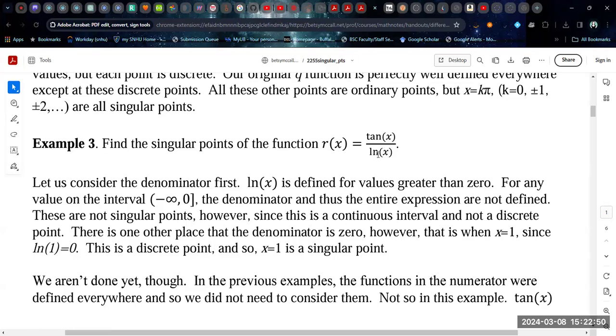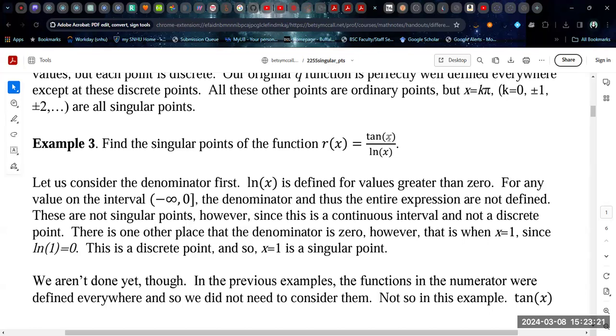Where log x is going to create a singular point for us is when the entire expression is equal to 0, and that will occur when x is 1, because log of 1 is 0. So that is our only singular point from the denominator. But we're not done, because this entire expression, even on the domain of 0 to positive infinity, we're still going to have other singular points coming up.